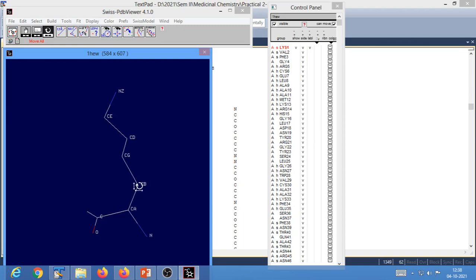So if this is the carbon atom, then it should be like CH2 over here. There should be 2 hydrogen atoms present over here in order to completely satisfy the valency of your molecule, or your amino acid residue. But no information regarding your hydrogen atoms is present over here.